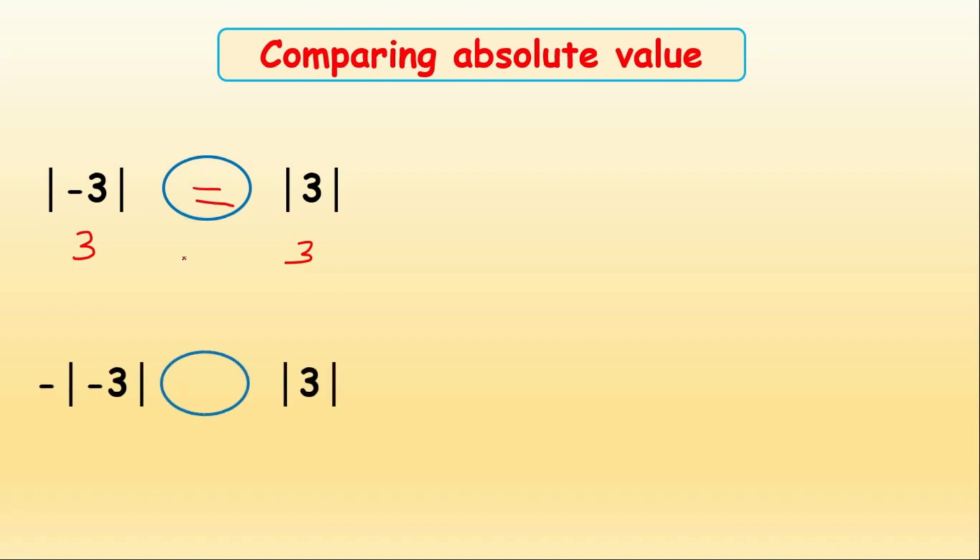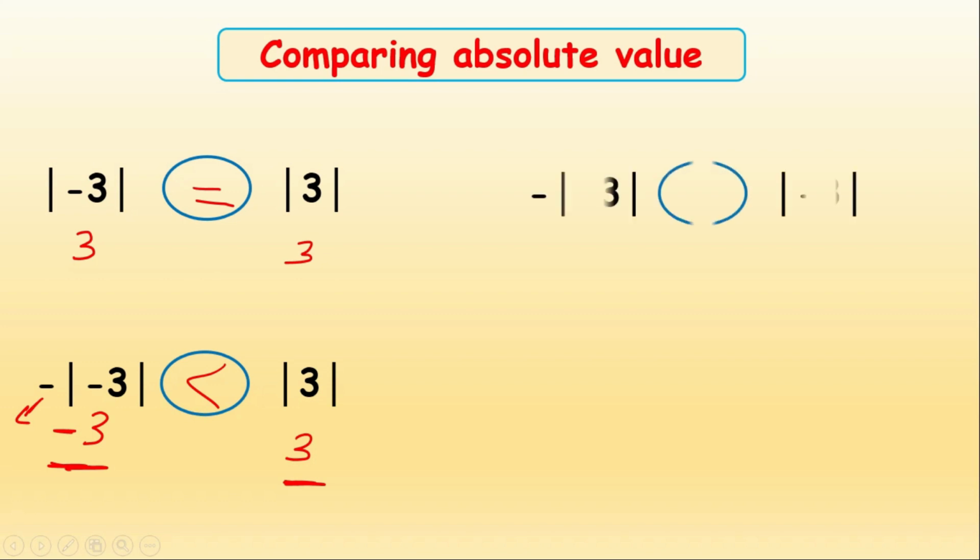Another one: negative absolute negative 3 and absolute 3. Here absolute negative 3 equals 3 and we have a negative, so the answer is negative 3 and absolute 3 equals 3. So here we have negative 3 and positive 3, so the positive must be the greatest one.